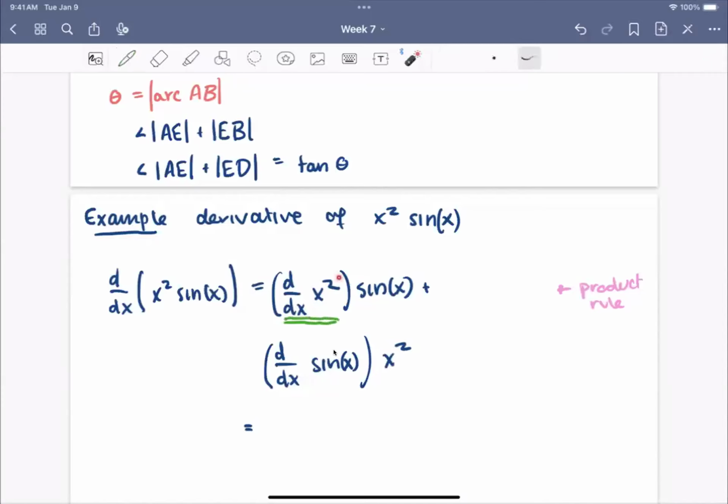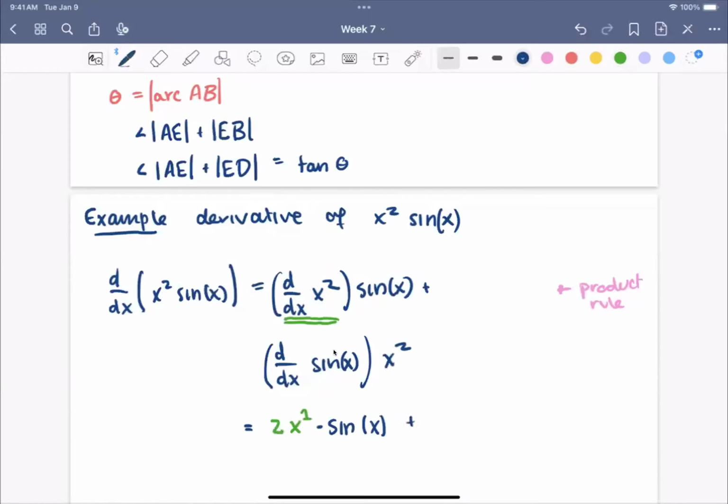We take this exponent down, bring it out front, and reduce it by 1. So we get 2x to the first, times sine x.